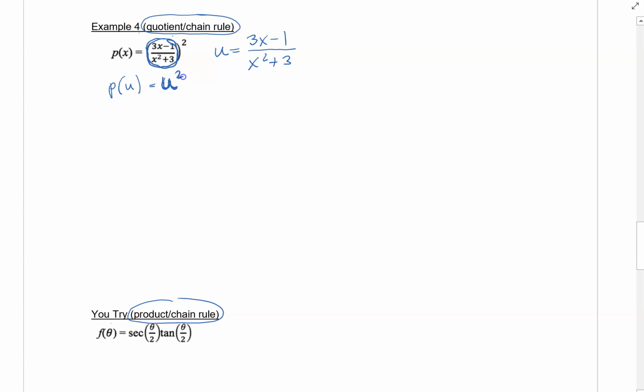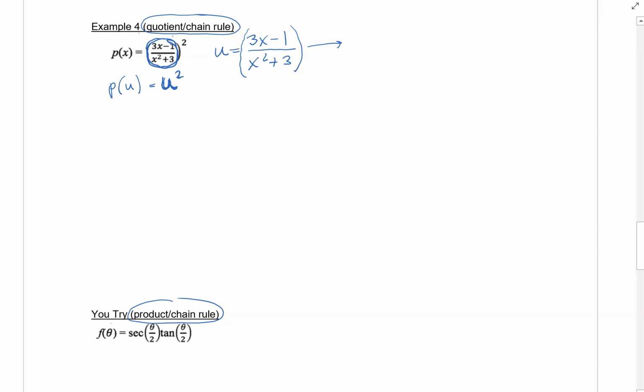u squared. So first I'm going to do a power rule, but then I'm going to have to multiply by the derivative of u, which is going to require a quotient rule. So let's do that over here. Now, because I'm already using u as my inside function, let's use f and g for my quotient rule.